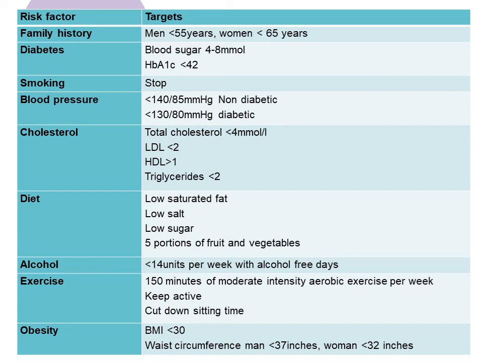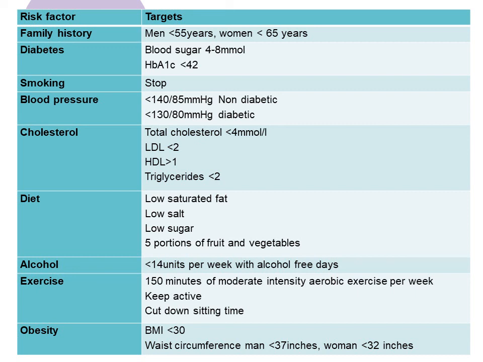For blood pressure, we've got the target figures for non-diabetic and diabetic patients. 140/85 millimoles for non-diabetic, and 130/80 millimoles for diabetic. Cholesterol, total cholesterol less than 4, LDL less than 2, HDL more than 1, and triglycerides less than 2.